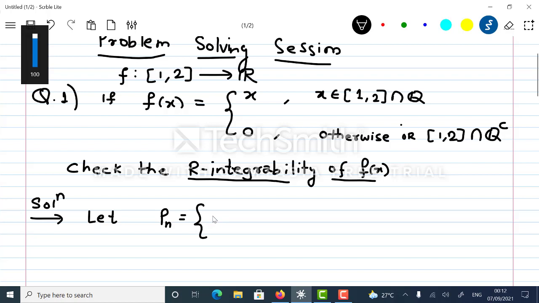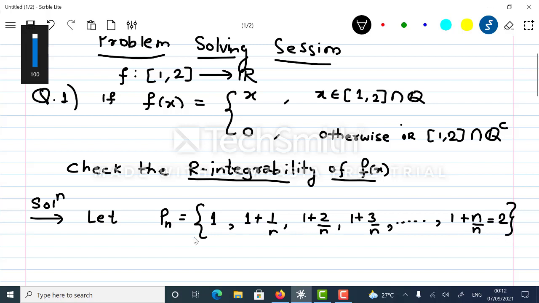So the first point of the partition is 1, then 1 plus 1 by n, 1 plus 2 by n, 1 plus 3 by n, and so on, up to 1 plus n by n, which is 1 plus 1, equal to 2.